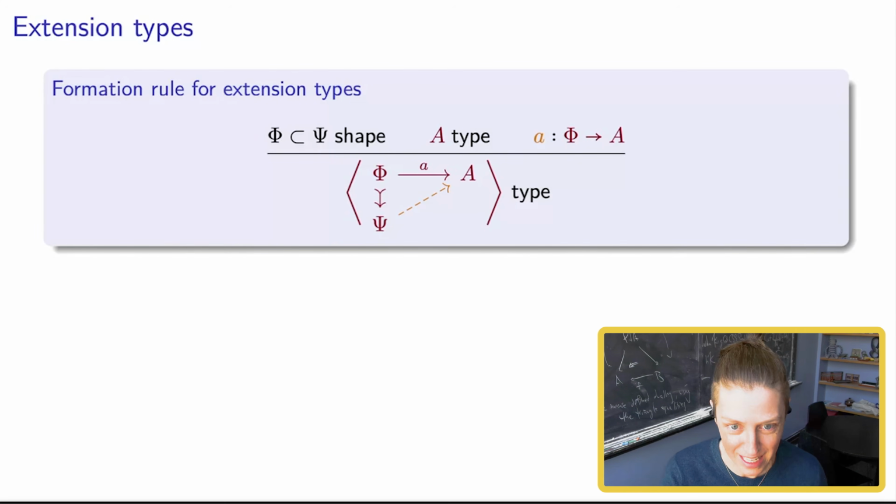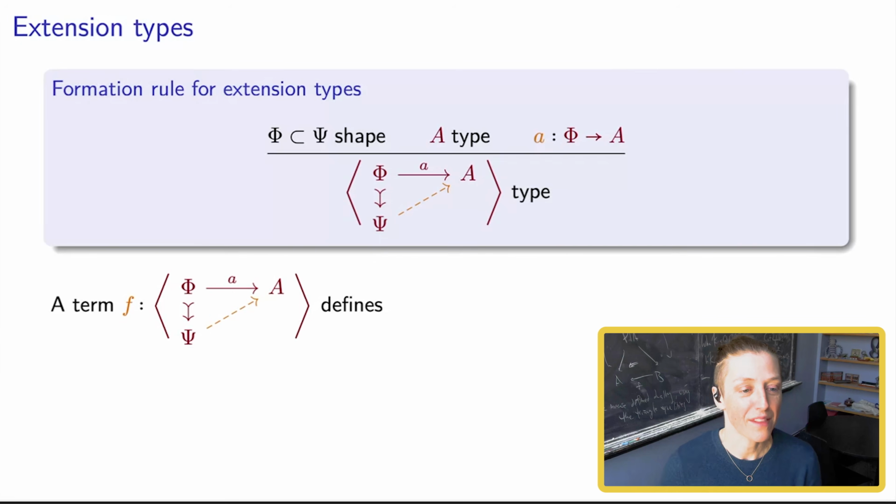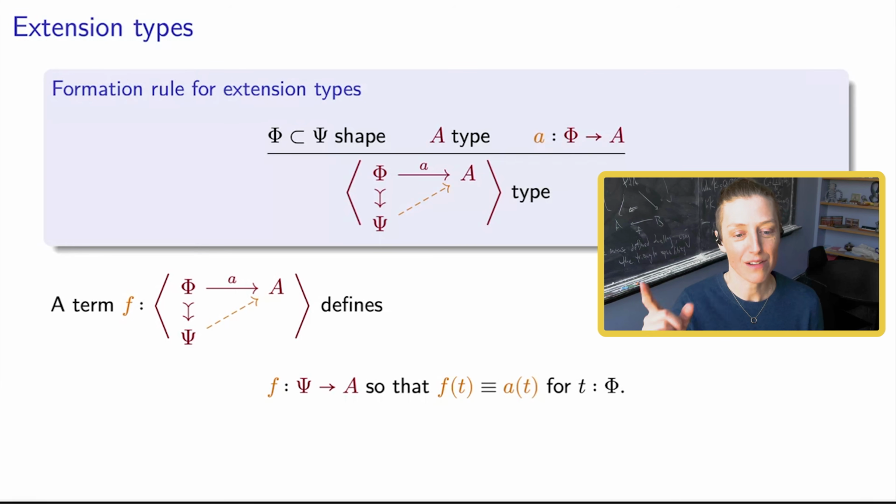We use different syntax in the paper. And the terms of this extension type are then functions from the larger shape into A that restrict to the given function on the subshape. So that's the sense in which it's an extension.